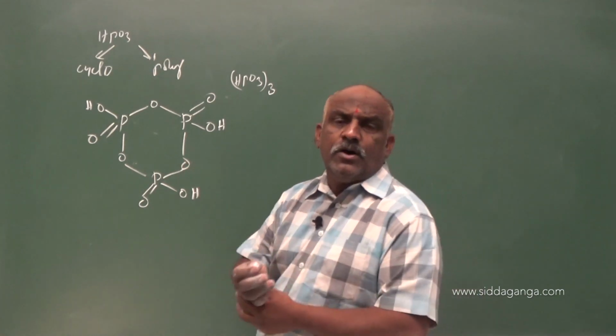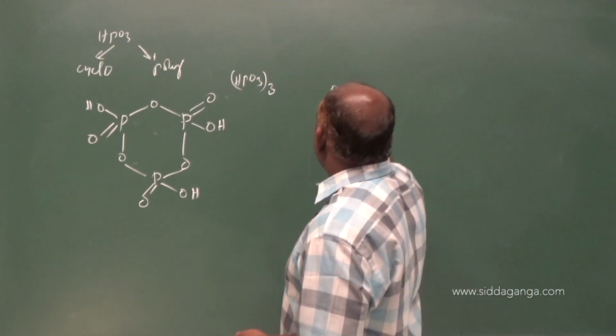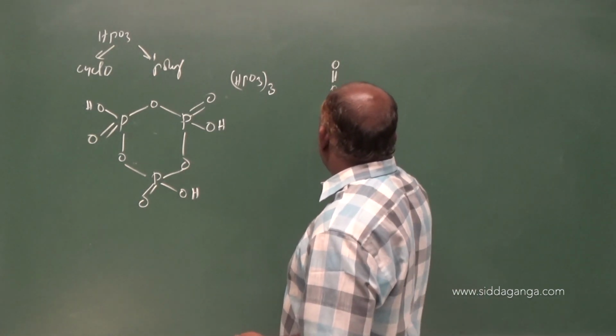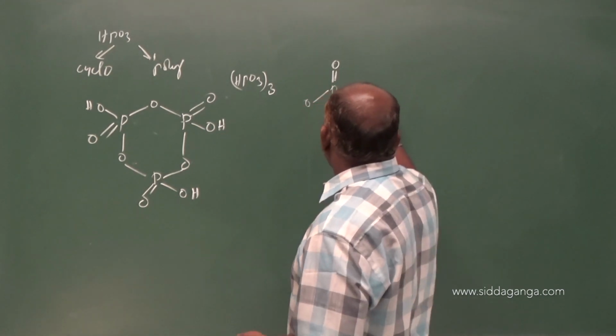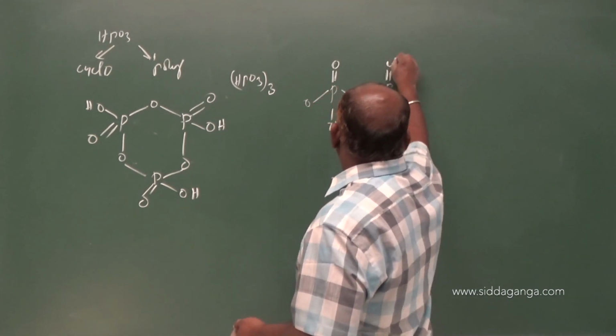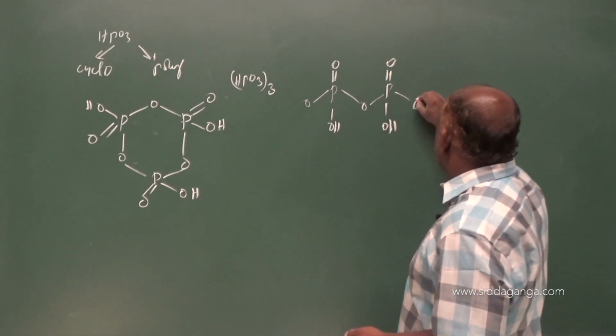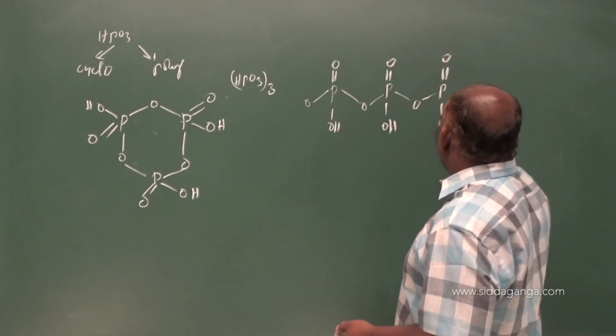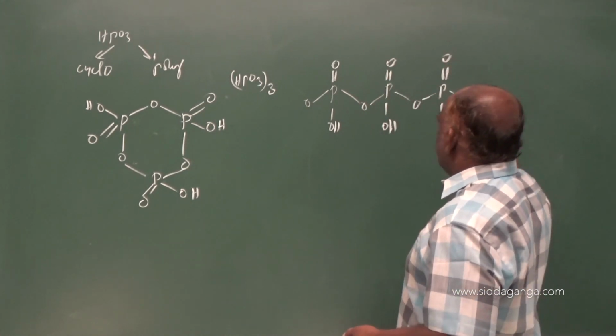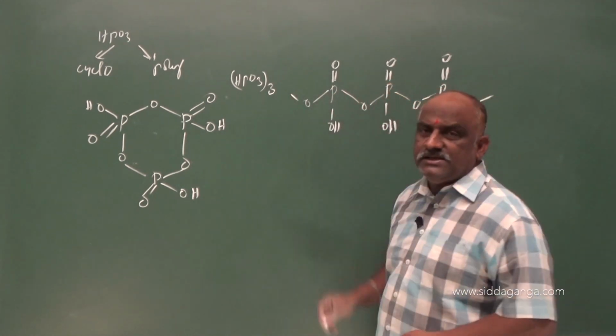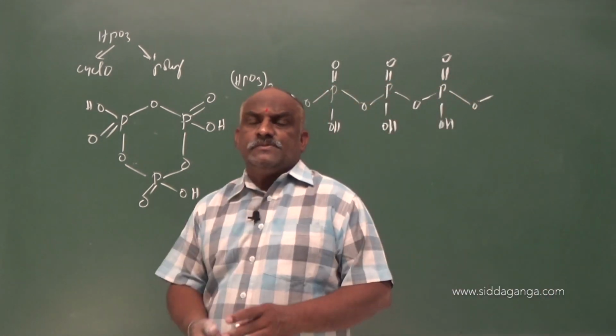Or we should consider polymetaphosphoric, which we draw like this: P double bond O, single bond OH, here O you connect O, again P double bond O, single bond OH, again P double bond O, single bond OH. Like this connectivity you observe, this is called polymetaphosphoric.